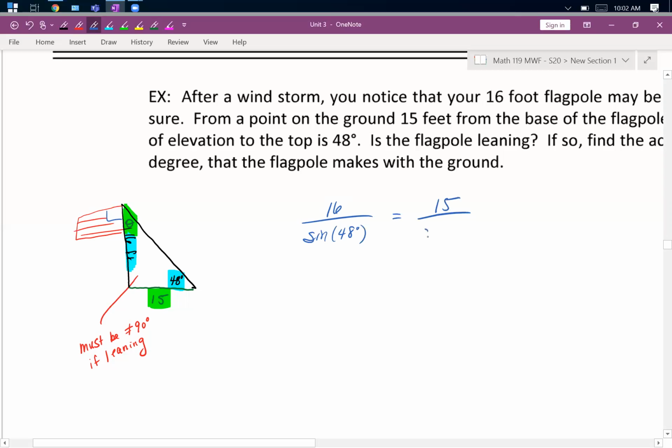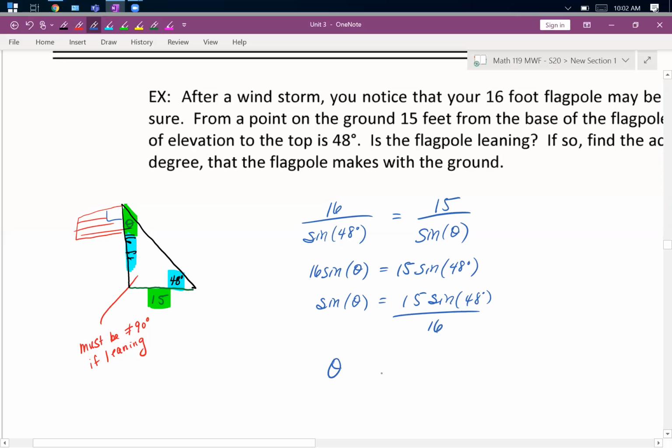Okay, so we set up our law of sines. And then we cross multiply. We'll divide, and then we're going to need our inverse trig function.